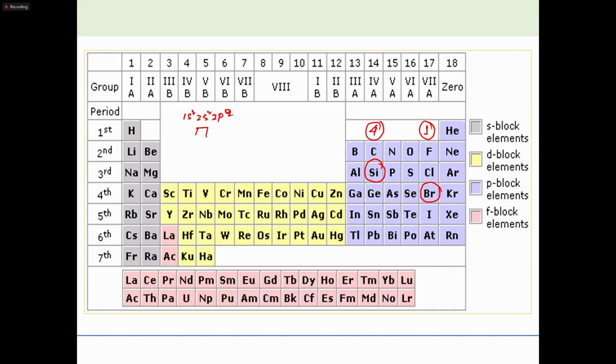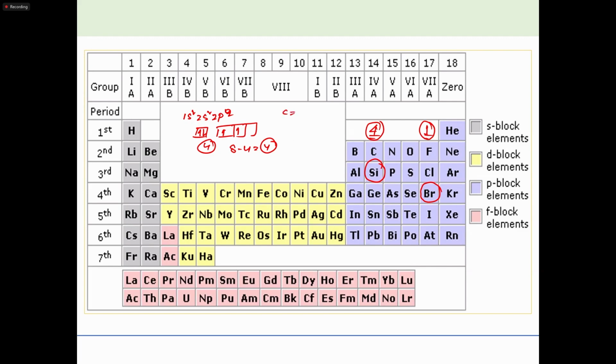So the number of valence electrons is equal to 4. So the valency equals 8 minus 4, equal to 4. So the valency of carbon, silicon, germanium, tin, and lead is equal to 4. But the valency of the halogen elements is equal to 1.